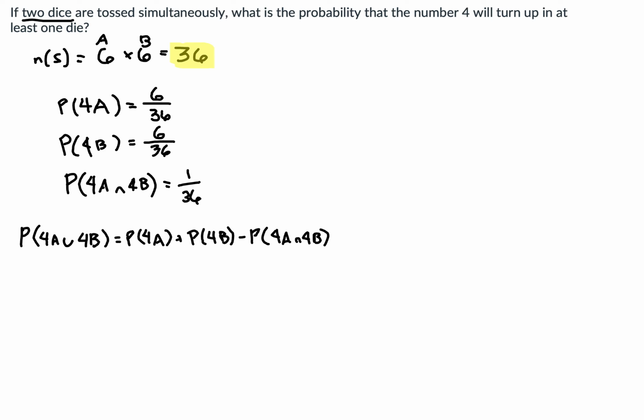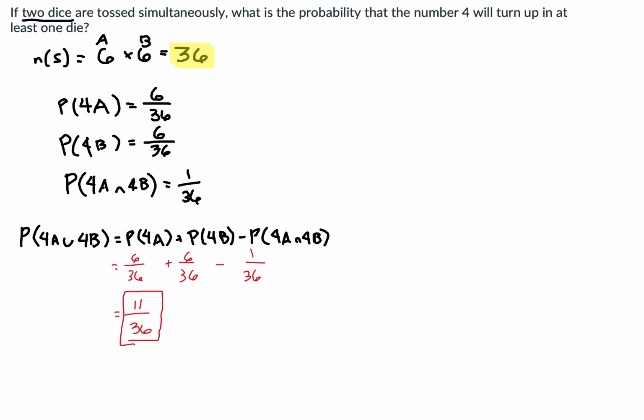That will give us these numbers: 6 over 36 plus 6 over 36 minus 1 over 36, which is clearly going to give us 11 over 36. We cannot simplify that because 11 is a prime number. So surely this is our answer. This is how we do it analytically.